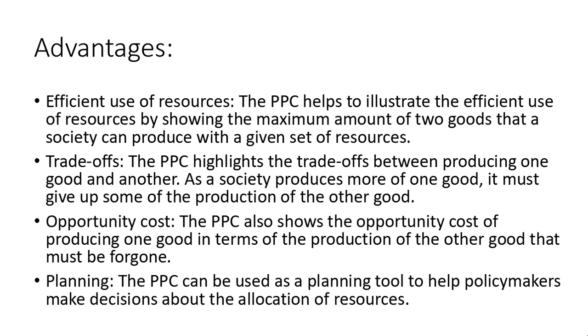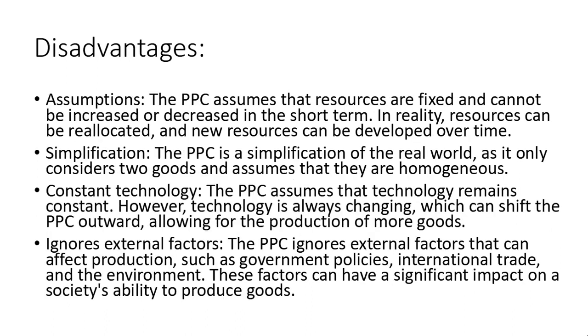Opportunity cost. The PPC also shows the opportunity cost of producing one good in terms of the production of another good that must be foregone. Planning. The PPC can be used as a planning tool to help policymakers make decisions about the allocation of resources.